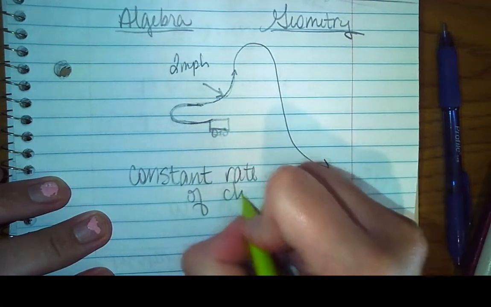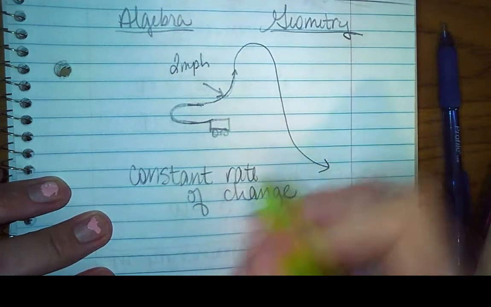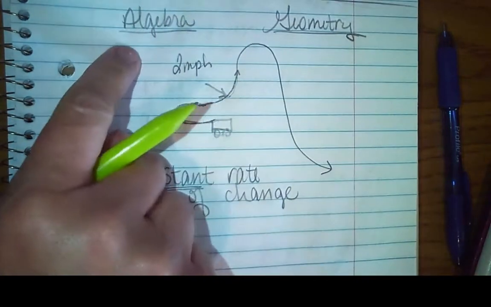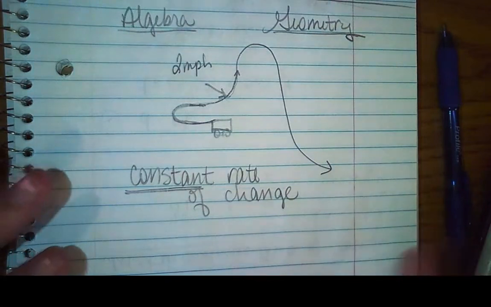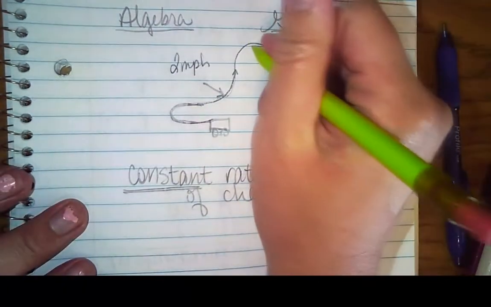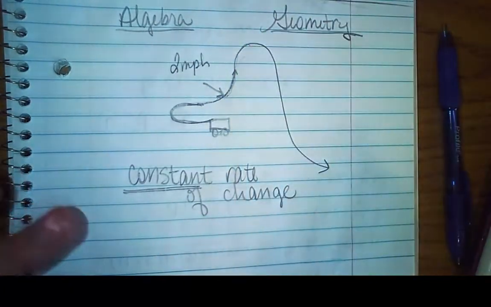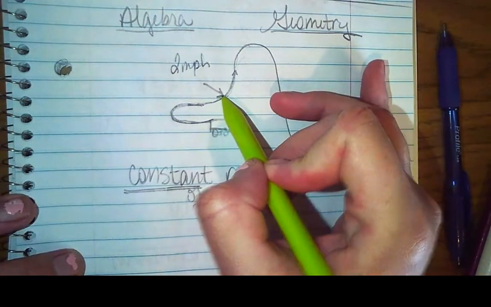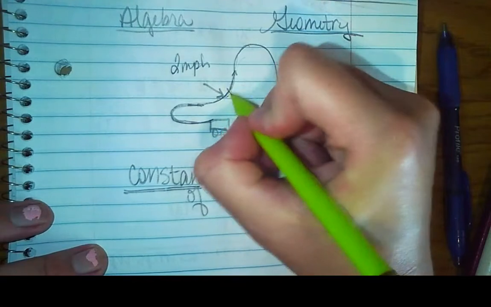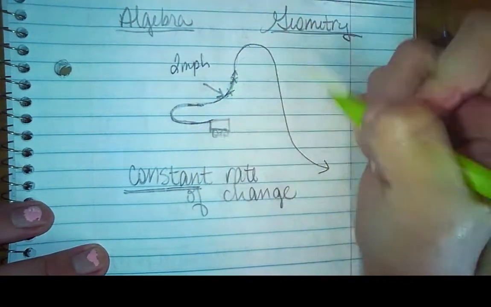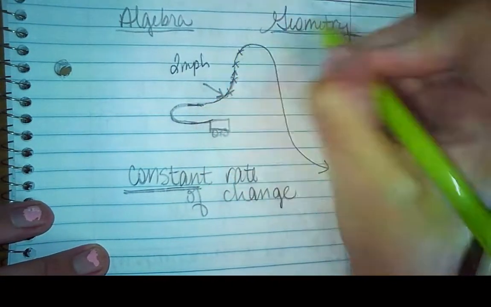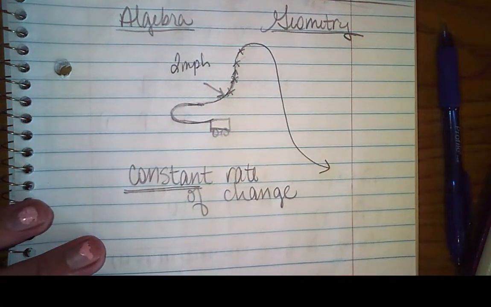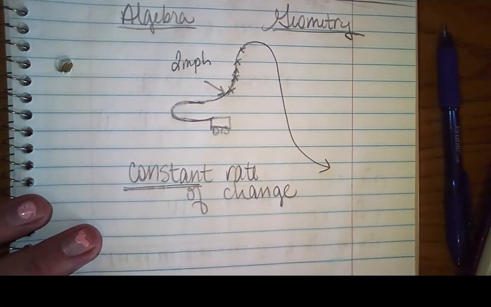And the word constant implies algebra. If you've got a constant rate of change, that's your slope. Okay, so don't think of this slope. Don't think of the hill. Think of how the car is moving. It is moving at the same speed here as it is here, as it is here, as it is here. So it is a constant rate of change in elevation.